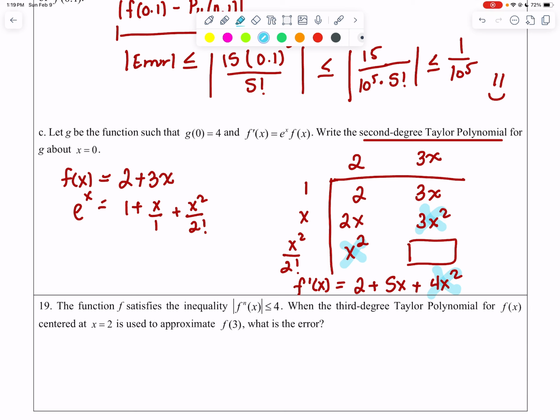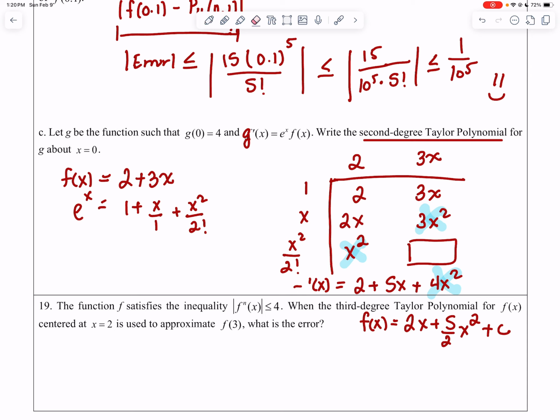Okay, so what we're going to do now is go ahead and integrate this right here, and that's going to give us our second degree Taylor polynomial. So integrating that gives us 2x plus 5 halves x squared plus c. Now, your c value here, that should have been a g.